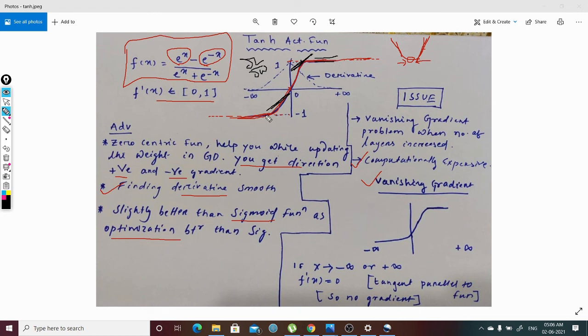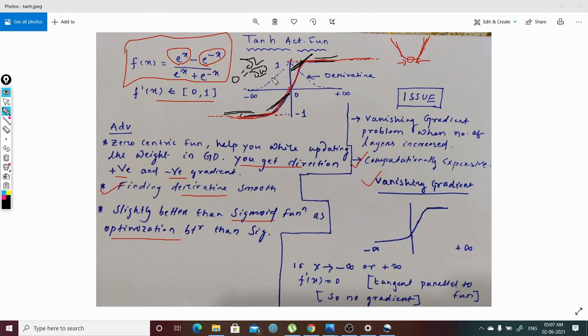In highly negative values also, if you draw the tangent here, it will be quite parallel. So there will be no gradient. If you change the parameter, the weight, there will be no change in loss. So the gradient will be 0.